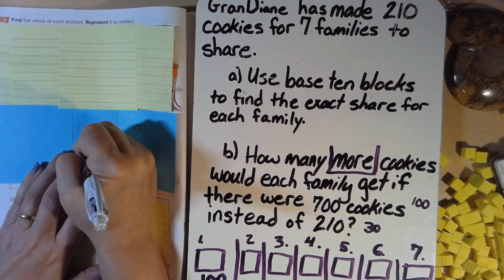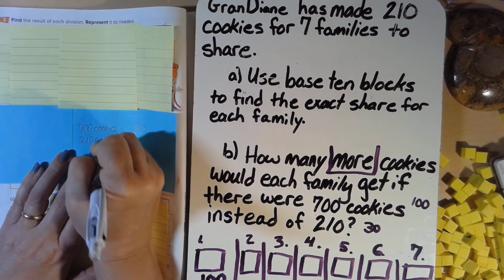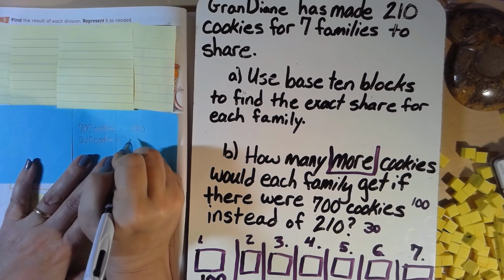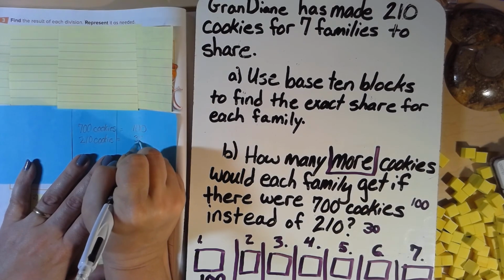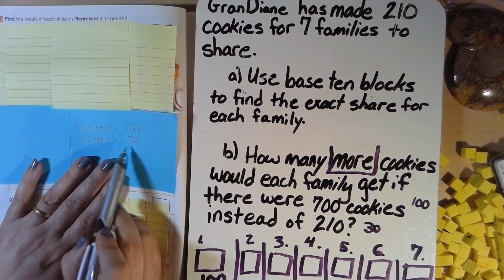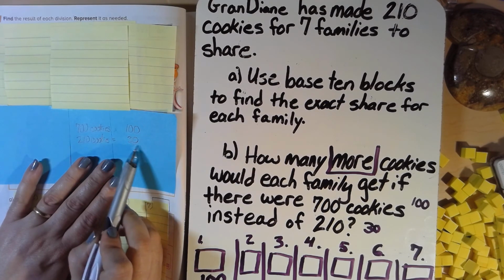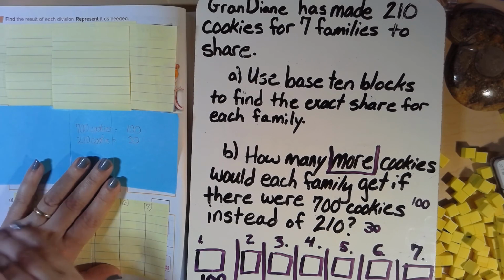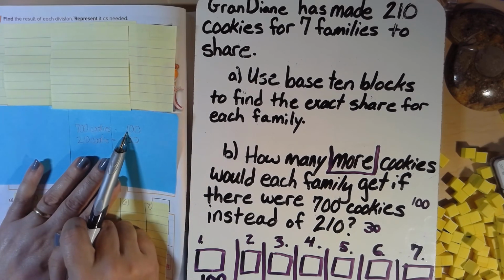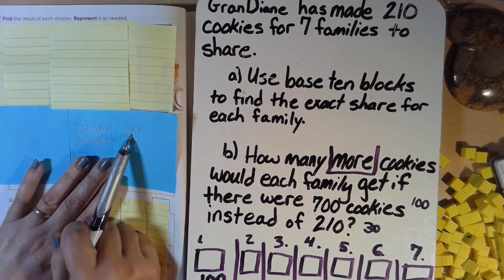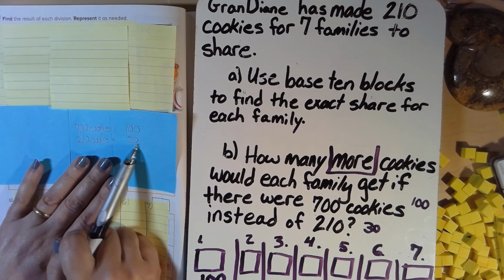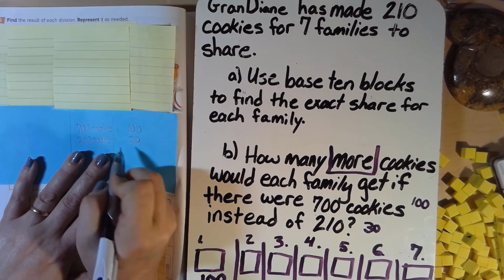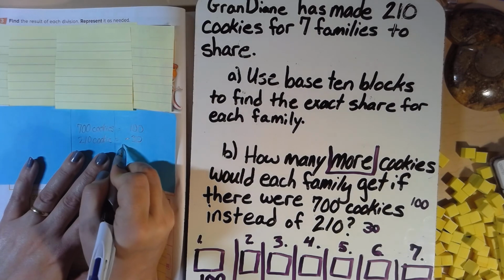If I had 210 cookies, each family, we said, if there were 7 families, would get 30 cookies. I need to know how many more cookies they would get. So what's the difference between 100 cookies and 30 cookies? When we're trying to find the difference between two numbers, we need to subtract.